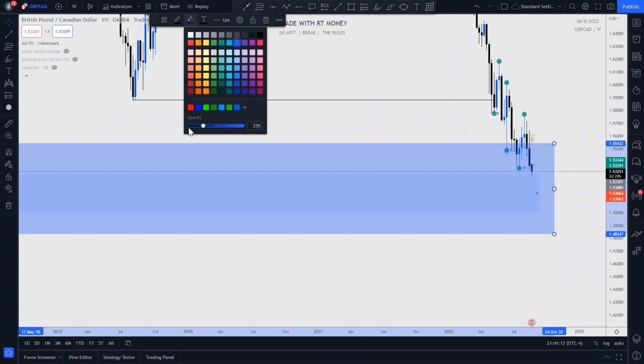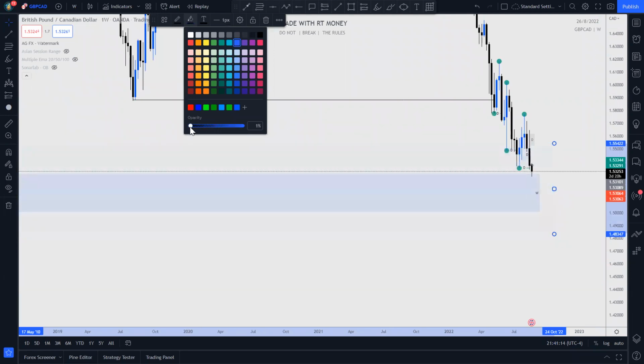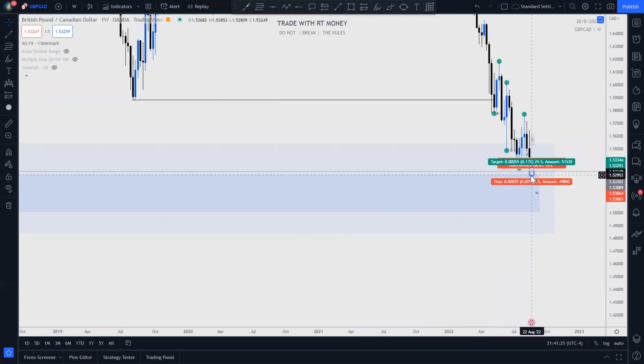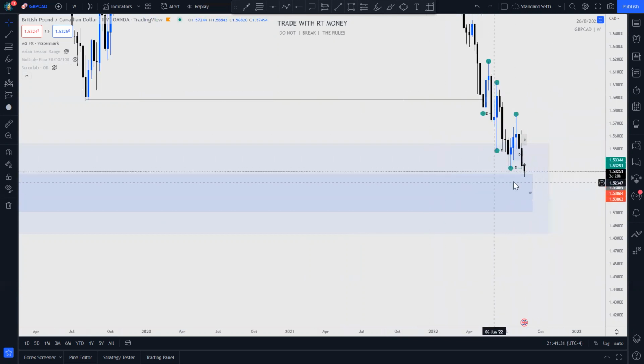So there's that zone, and nested in this zone is a weekly zone. Price is hitting that nested zone within the larger zone. This is usually a very powerful thing, and I expect price to react to this.